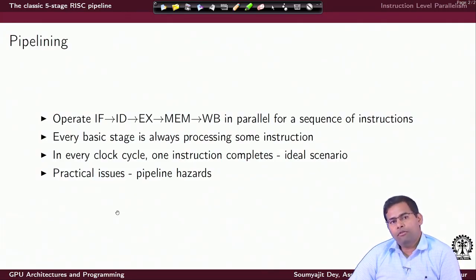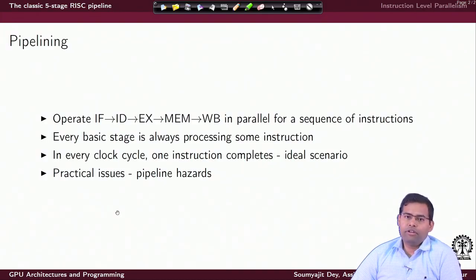Since the functionality of each of these stages is very basic, there can be faster clocking of all these stages, so we will have a fast execution of all the instructions, whether or not they really need execution in that stage.